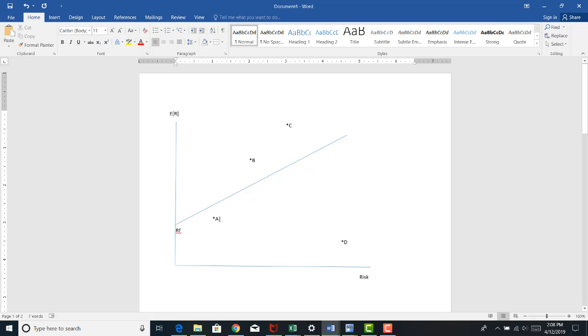So over time, through the process of arbitrage, you'll have asset A on this line, asset B on this line, and asset D on this line, as well as asset C.